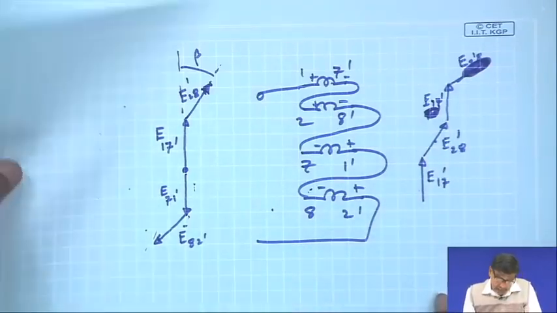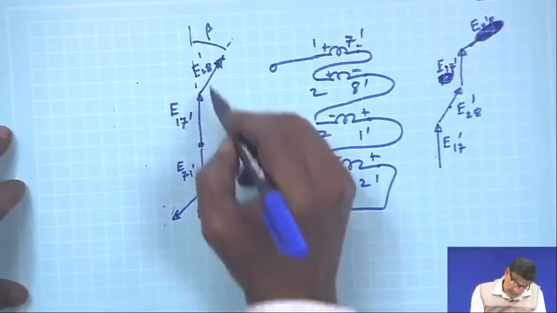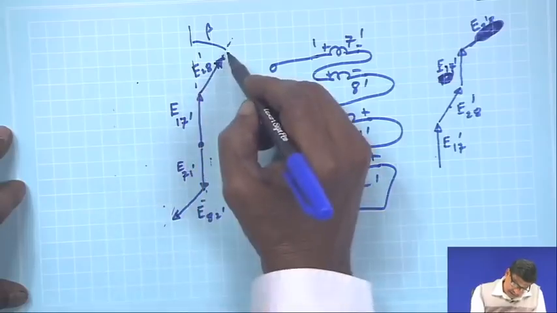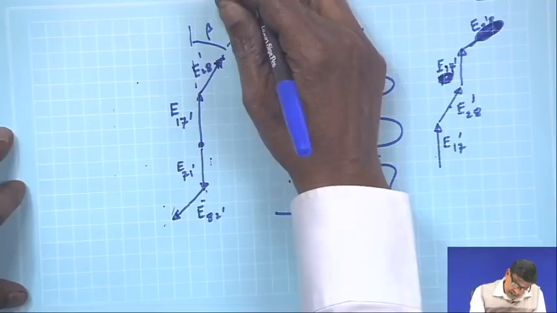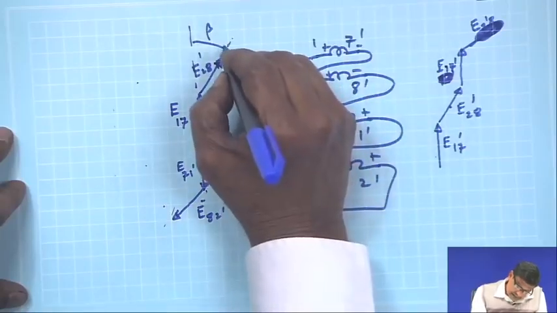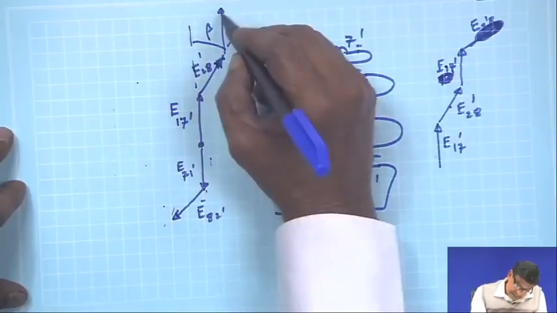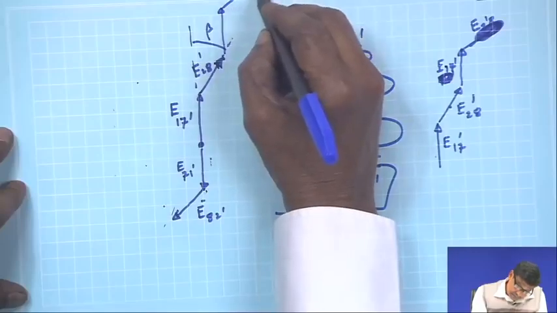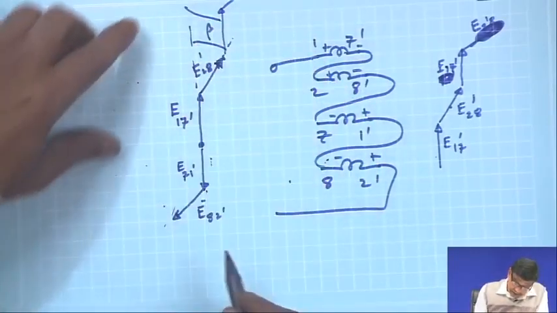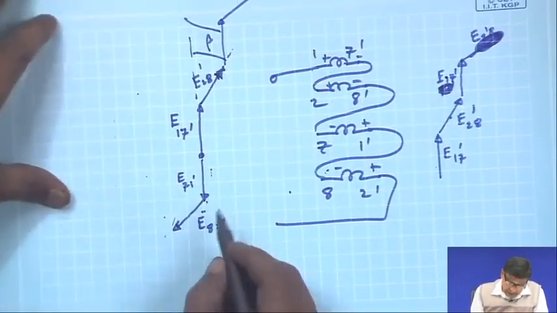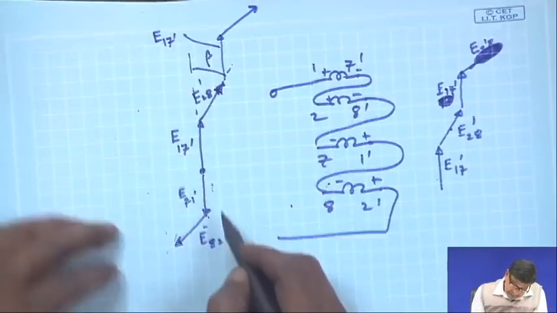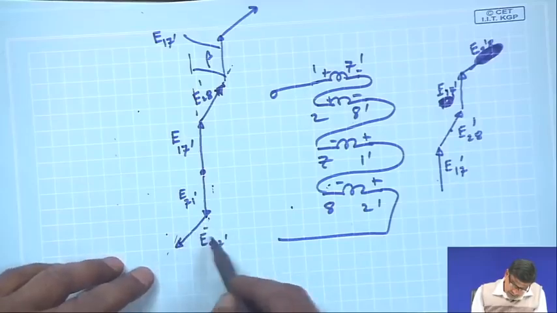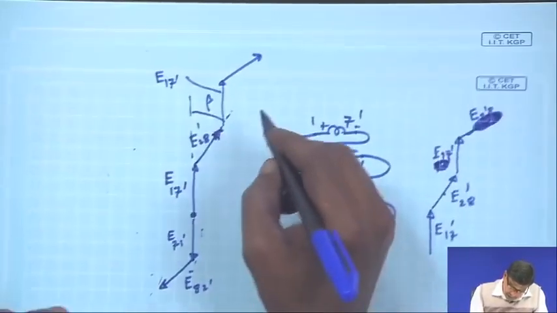So, what I am trying to tell you, you here only this, then add the negative of this and negative of this, that is this and negative of this. This is what? This was E7 dash. So, it must be called E17 dash. This voltage was what? E82 dash. So, it must be called E2 dash 8.